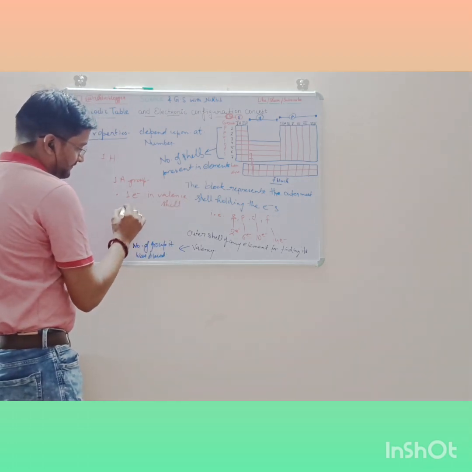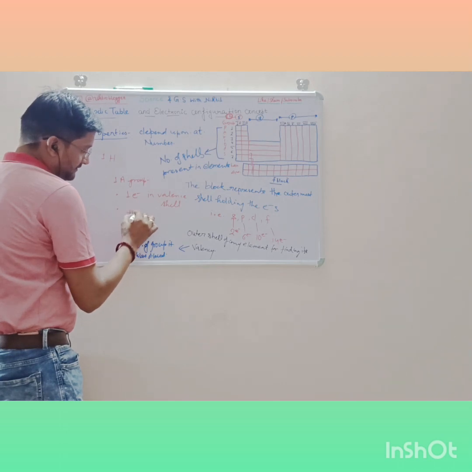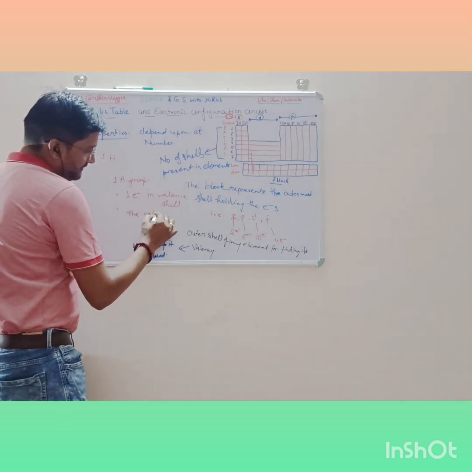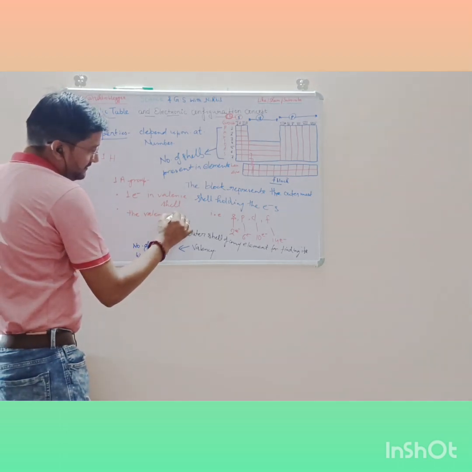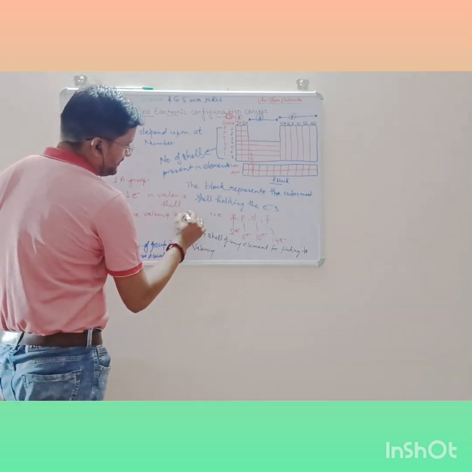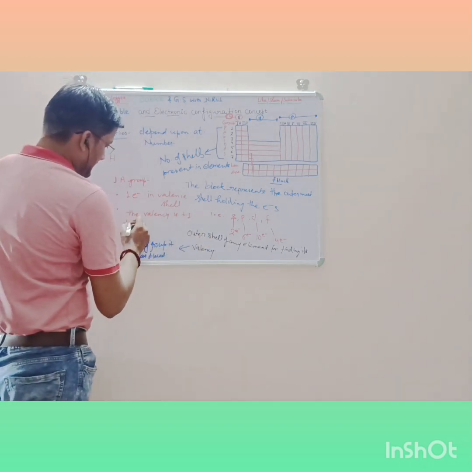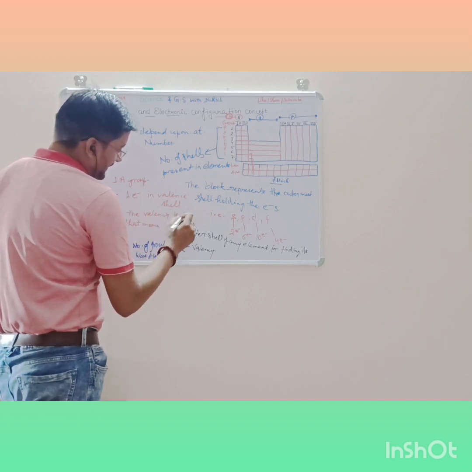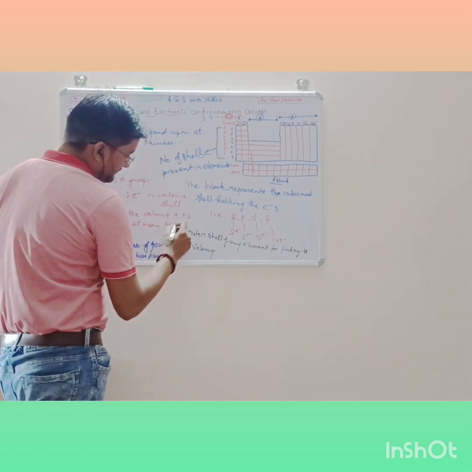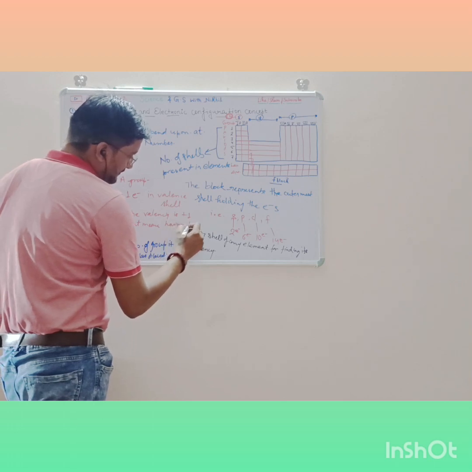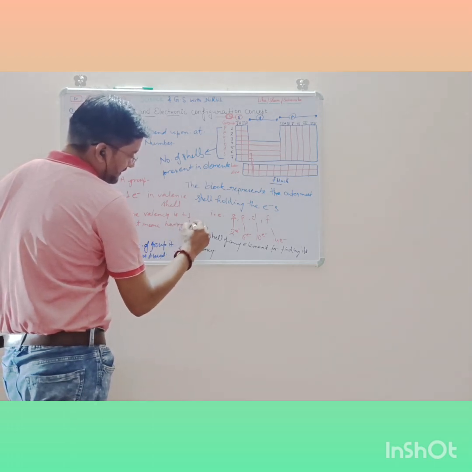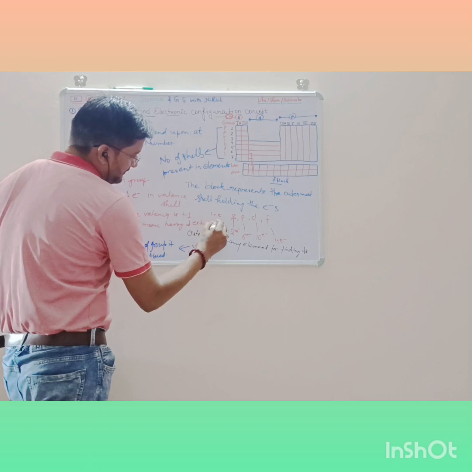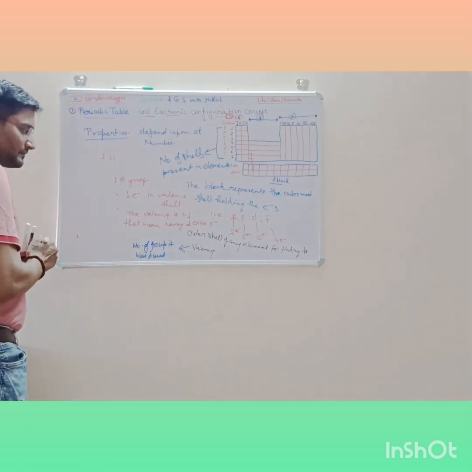and the valency is positive 1, that means having 1 extra electron, right?